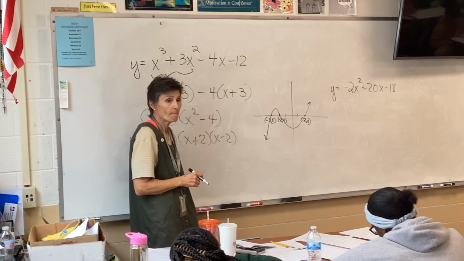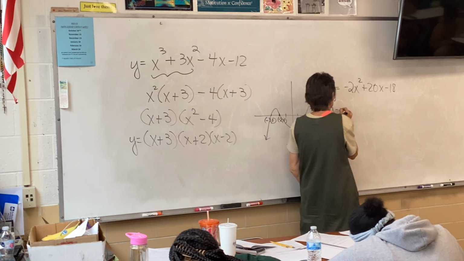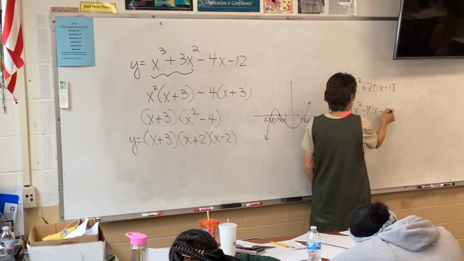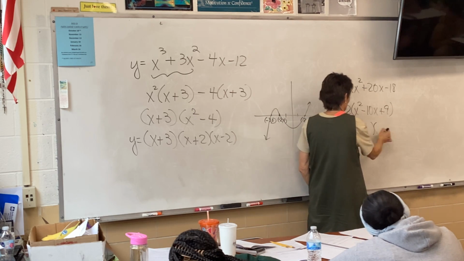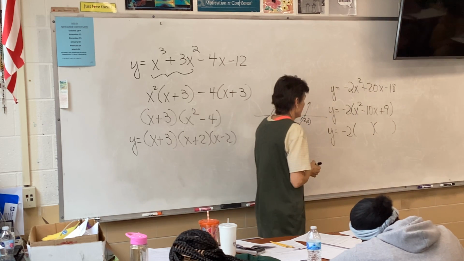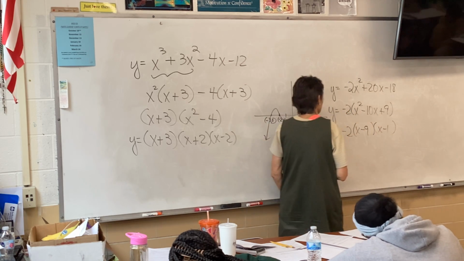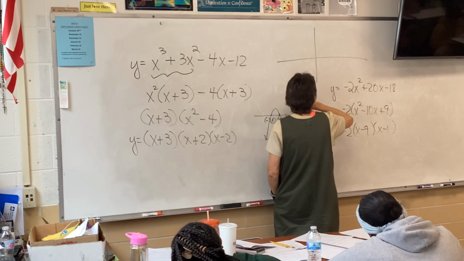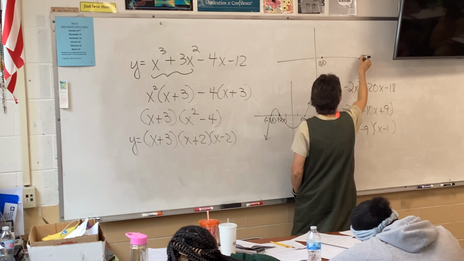Can we factor it? Take out a 2. We could take out a -2. -9, -1, or -9, -1, which means that my intercepts are at 1 and 9.